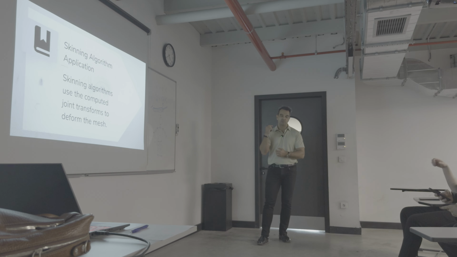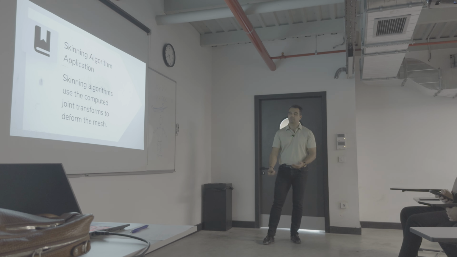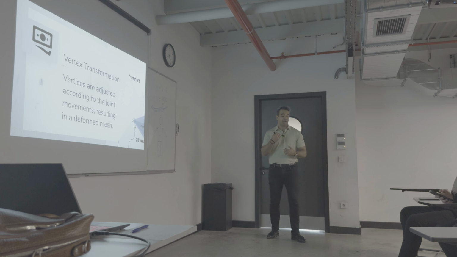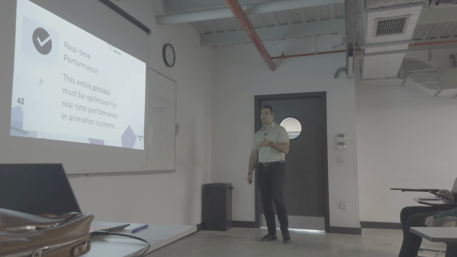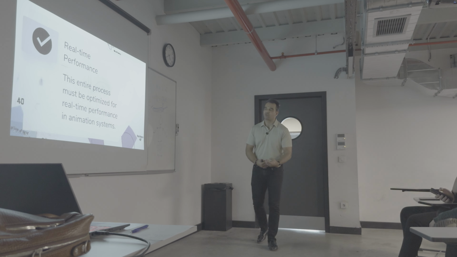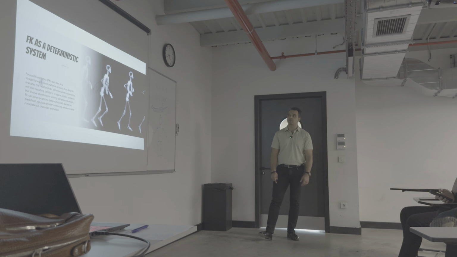It deforms the mesh. If I make any force on my polygons on my surfaces, it creates these calculations. And the vertex transformation: vertices are adjusted according to the joint movements, resulting in a deformed mesh. When we come to the real-time performance, forward kinematics is optimized for real-time operations in the animation and the simulation systems.